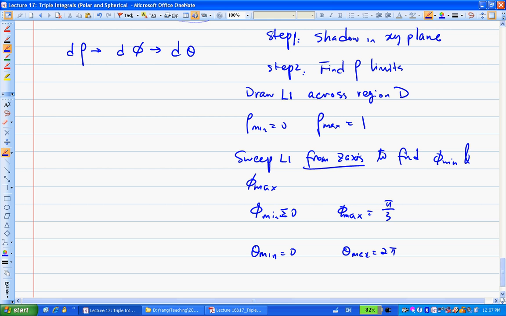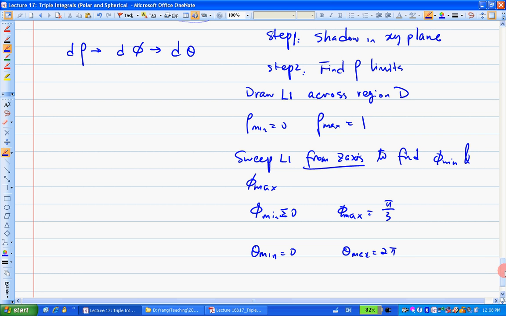Would it be the same if your phi min was negative pi over 3 and your phi max was pi over 3, and you chose theta min as 0 to pi? Okay, what you're thinking is you're defining a new set of definitions now.